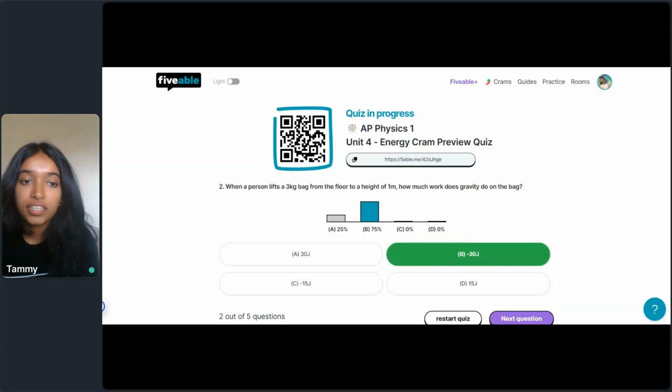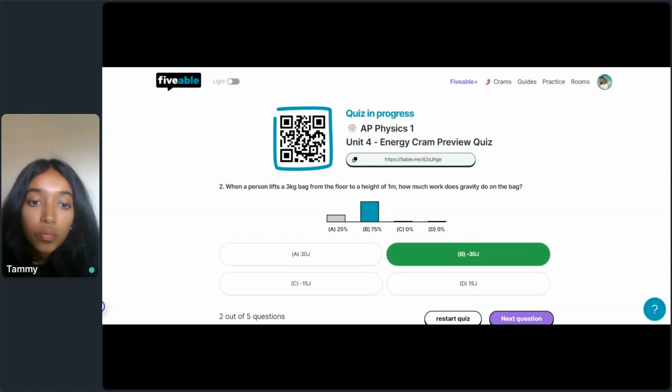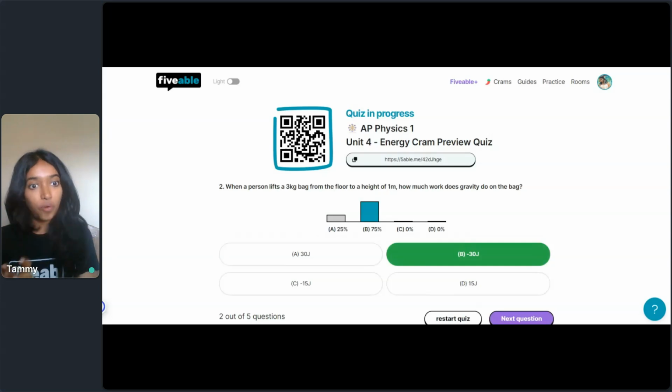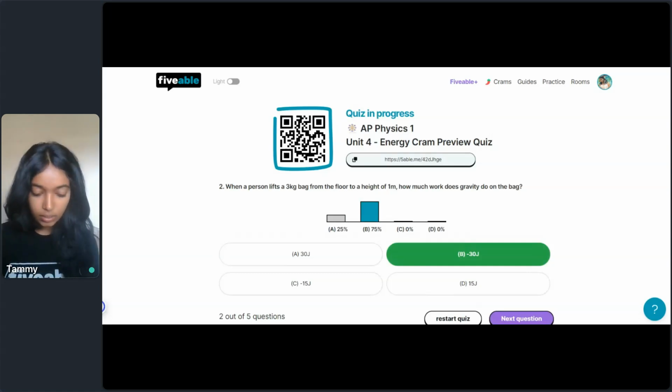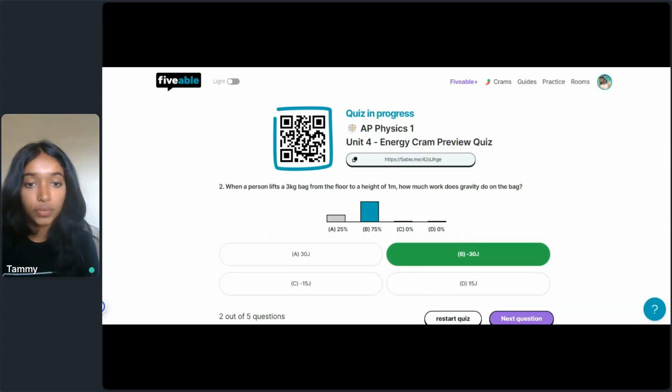So the formula for work is force times displacement times cos theta, right? We're asked specifically for gravity, so we need to understand that gravity is the force in the work equation here. The formula for the force of gravity is mg, and gravity is always downward. So we do 3, which is the mass, times gravity, which is 9.81, and we get our force of 29.43 newtons.